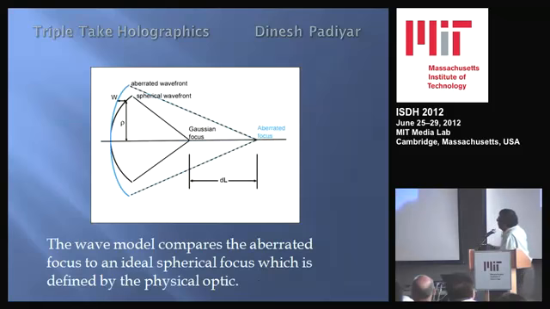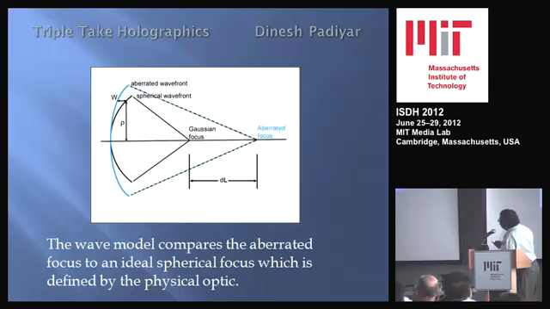So in the wave picture, the way we describe these is that if you have a Gaussian focus here, then you have spherical, circular light focusing into that point, and this would be an ideal focus. But a real wavefront does not go along the ideal spherical wavefront except in the paraxial region.